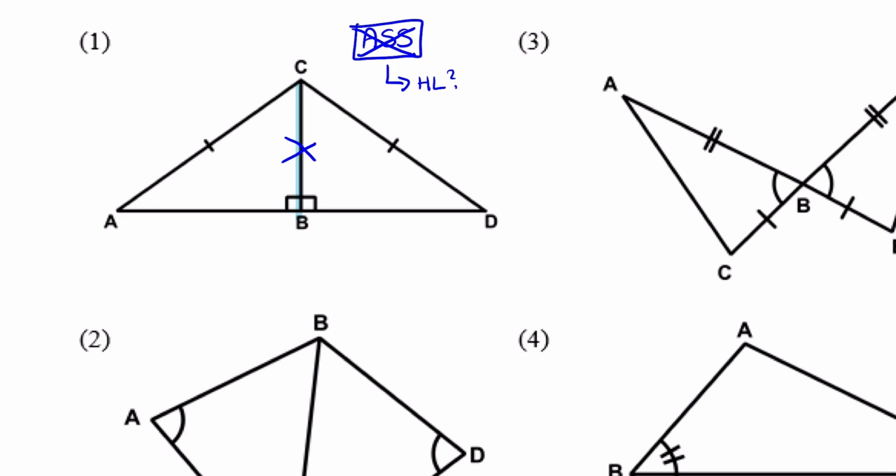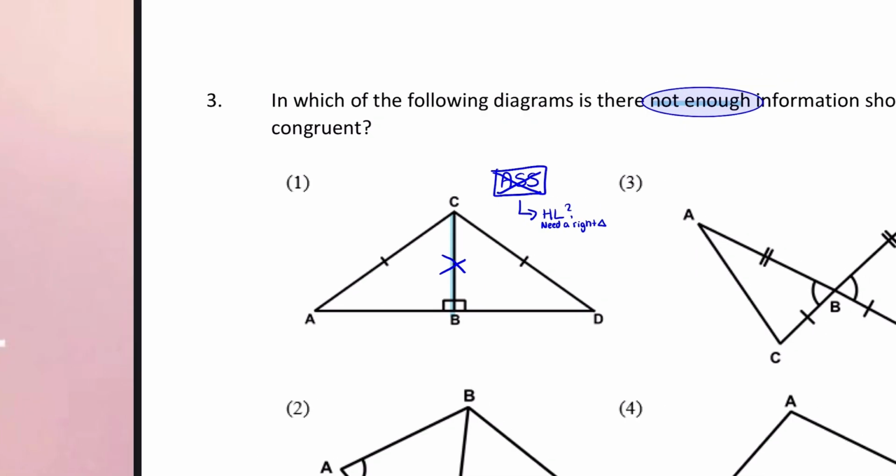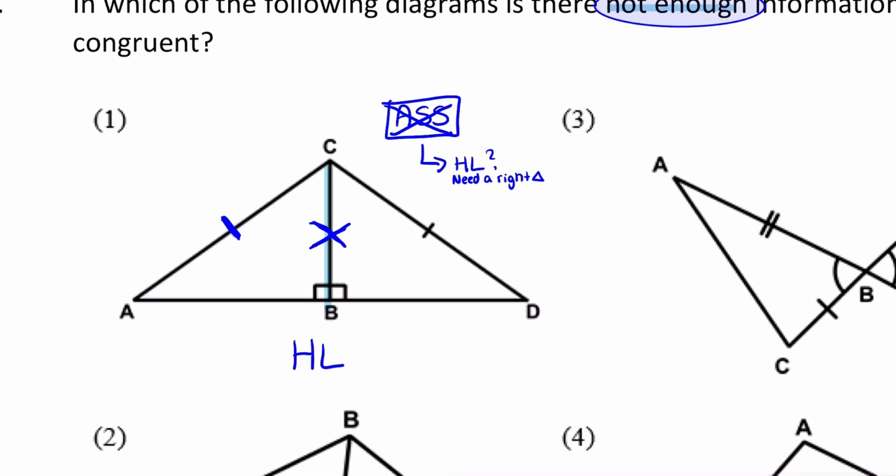And remember, for HL to work, you need a right triangle. Or you need two right triangles, I guess I should say. So here I have a right triangle, I have a hypotenuse, and I have a leg through the reflexive property. So this is HL, which means these can be proven congruent, which means it is not my answer.